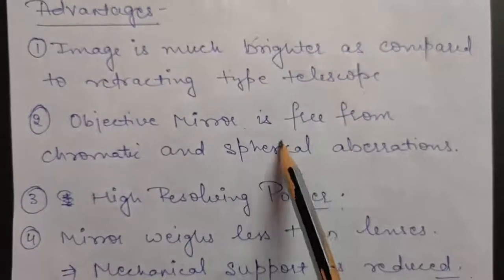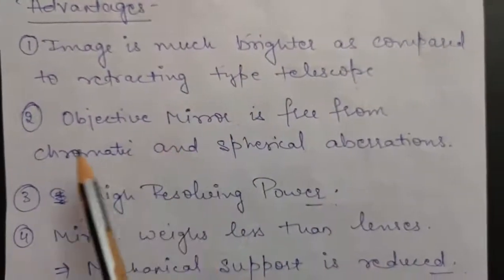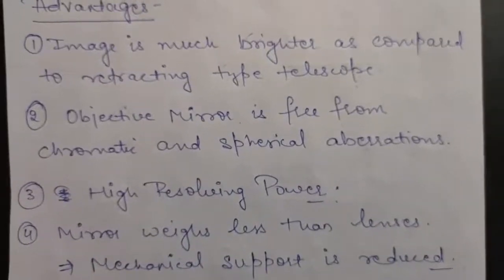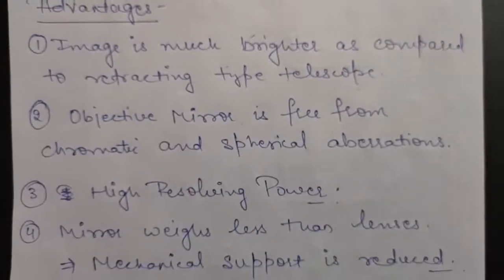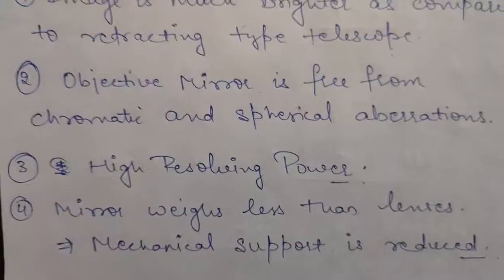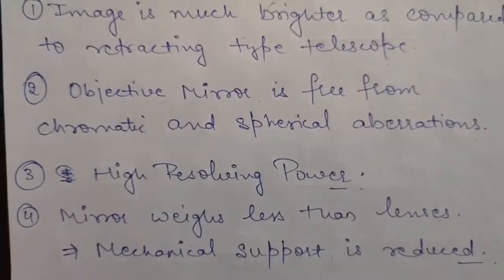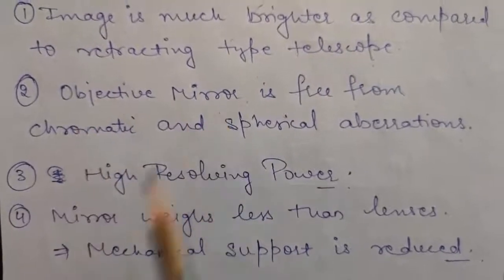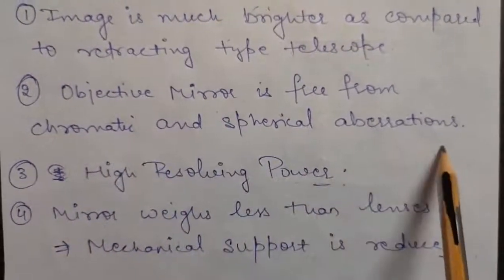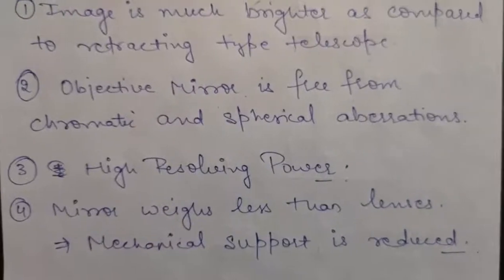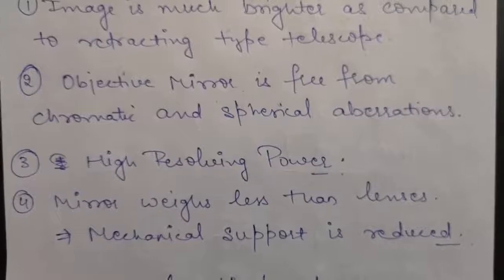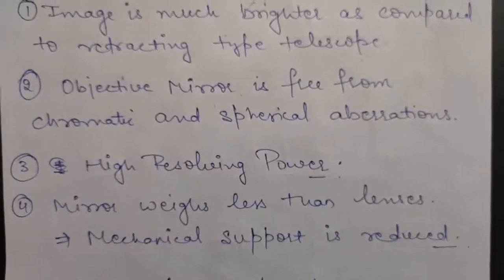And what do you mean by chromatic aberrations? Chromatic aberration is the inability of a lens to focus all the colors on a single point. That is overcome in the objective mirror, and also there are less spherical aberrations as compared to lenses. Therefore this reflecting type telescope is much better as compared to the refracting type telescope.